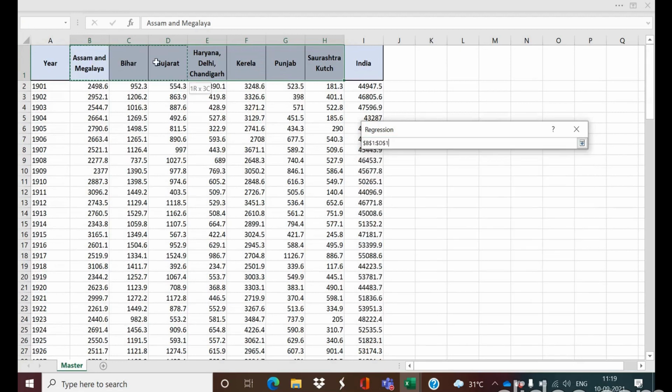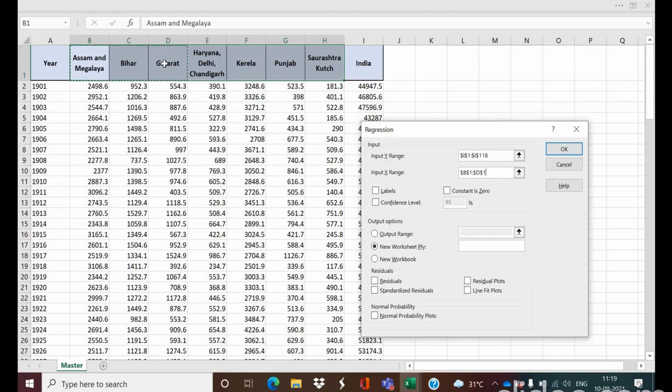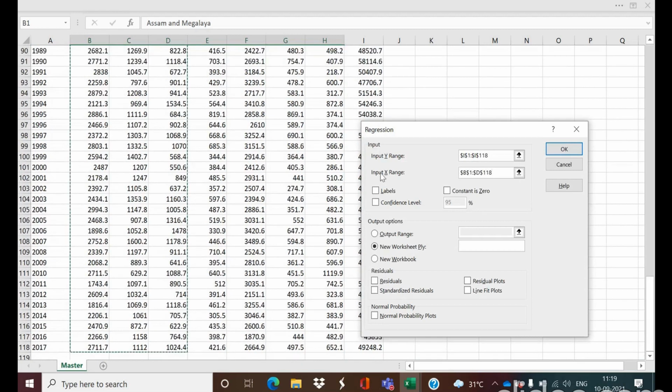These are the three independent variables. Let's see how they are contributing. Check labels, and then under residuals, click residuals and standardized residuals. I don't want to see plots in Excel, they're horrible.